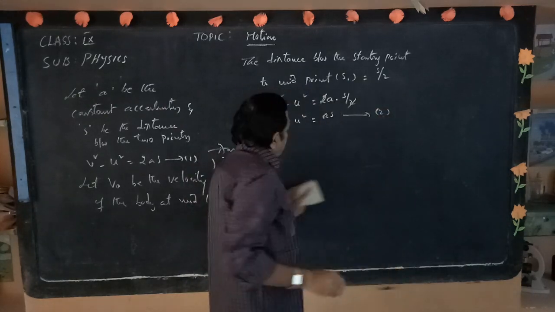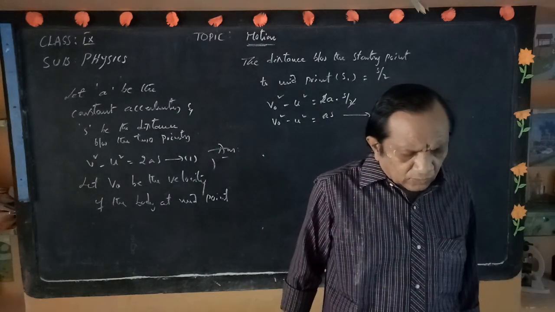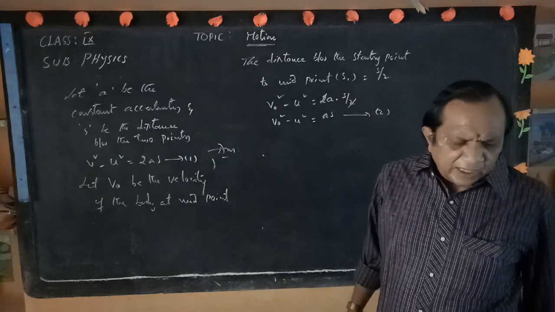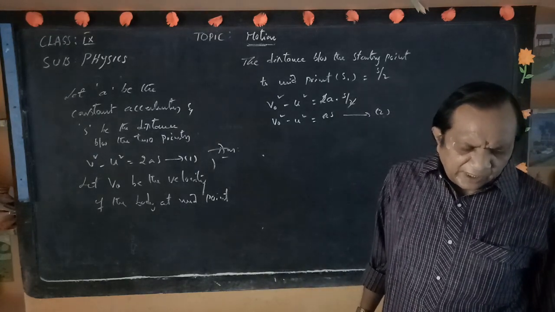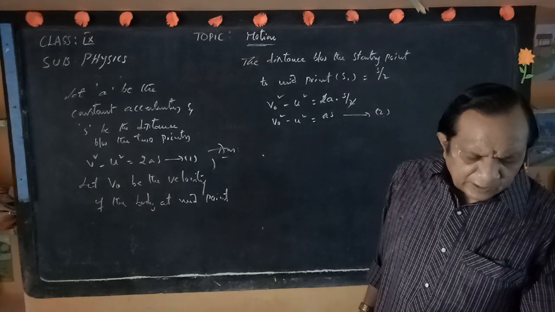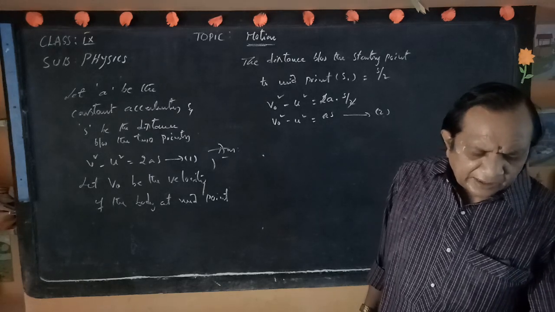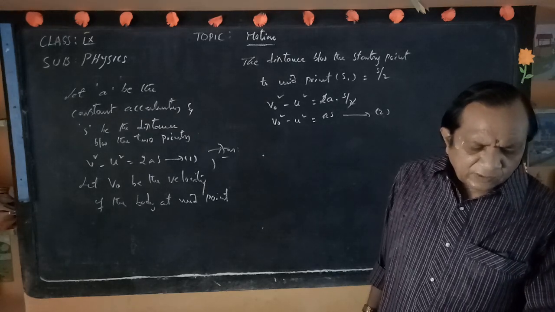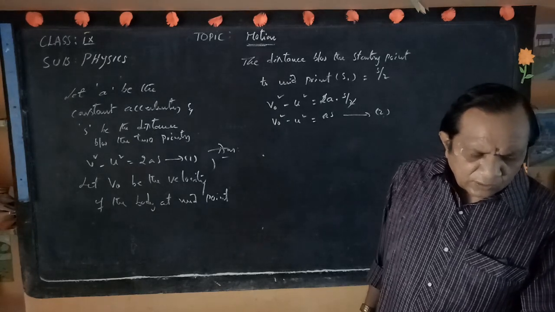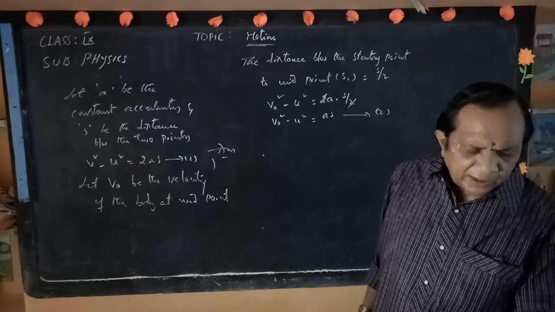Now substitute 1 into it. What value do you have to substitute? Substituting 1, v square minus u square is equal to 2as. So v naught square minus u square is equal to v square minus u square by 2.